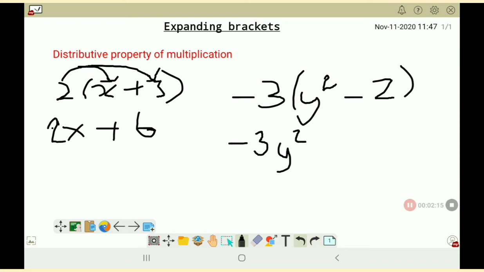And when we multiply negative 3 by negative 2, we get a positive 6. So we have to remember our signs when multiplying. When we multiply two negative numbers, we end up with a positive number. When we multiply a negative times a positive number, we end up with a negative result. That's it for the 2 examples.